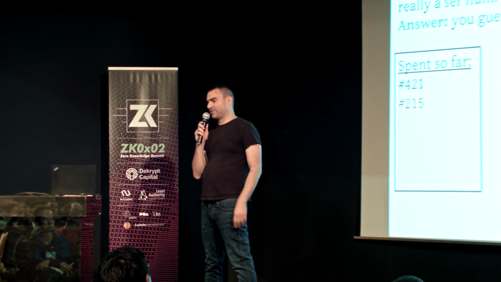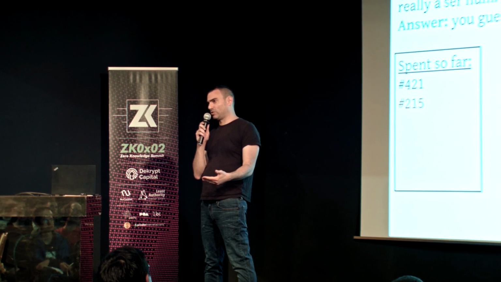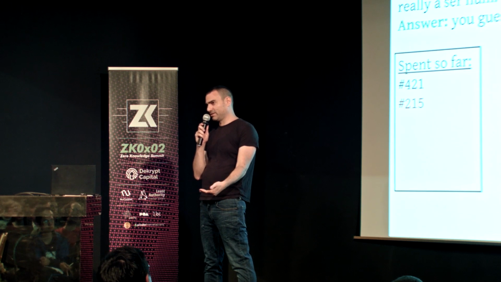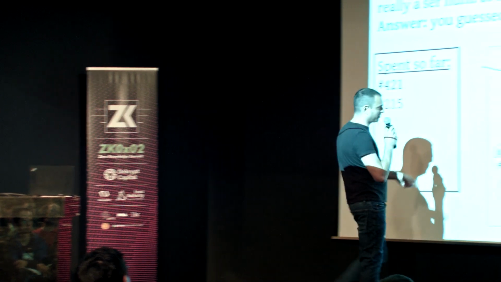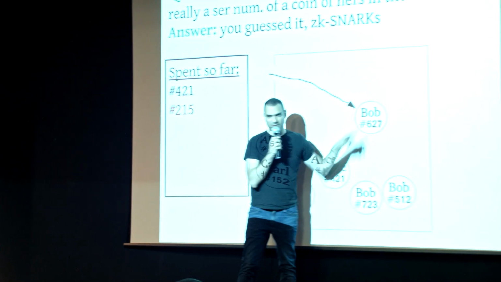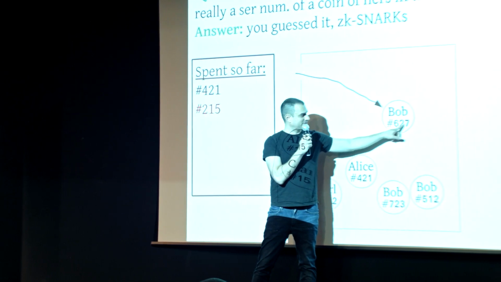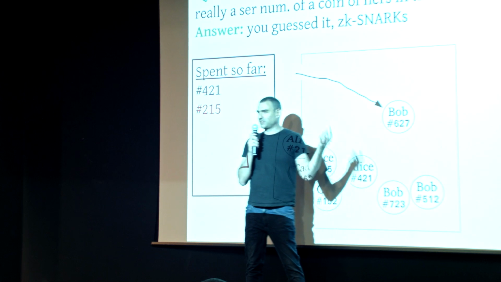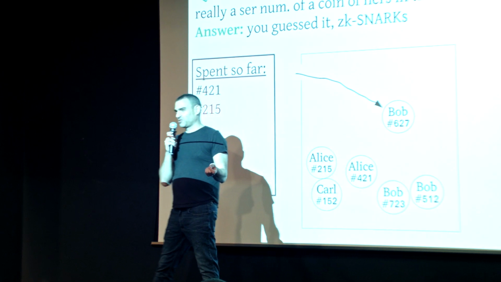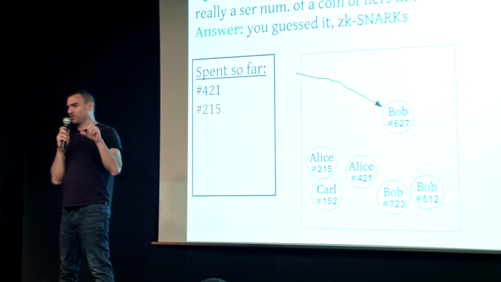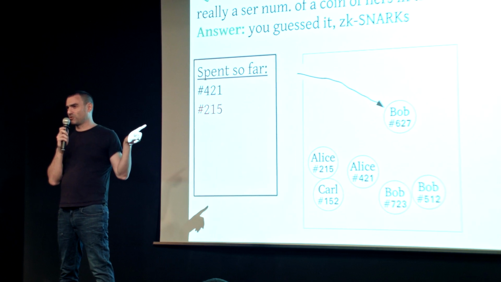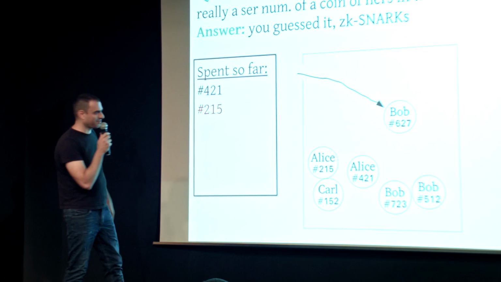So the sender, like Alice, will know the value of the coin and the address of the coin. She'll know it's Bob. But this serial number, the way I did it here, Alice does know, since she made this coin, so she does know the serial number, the 627.